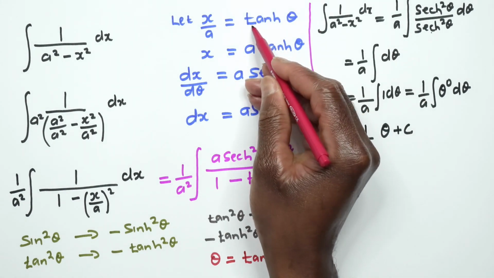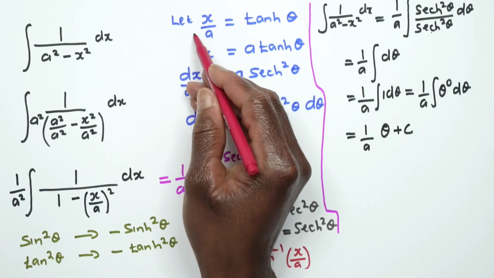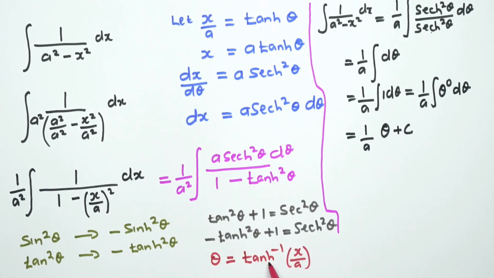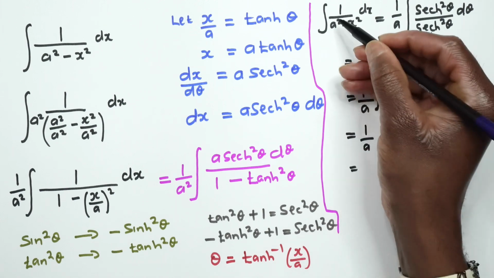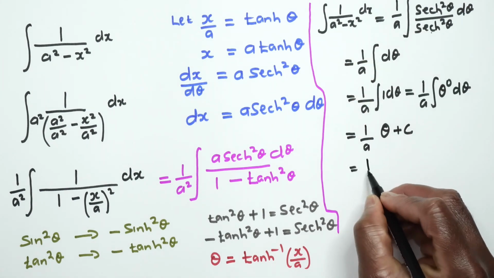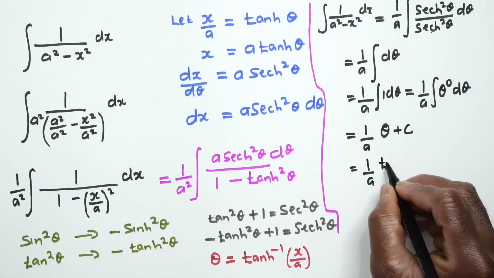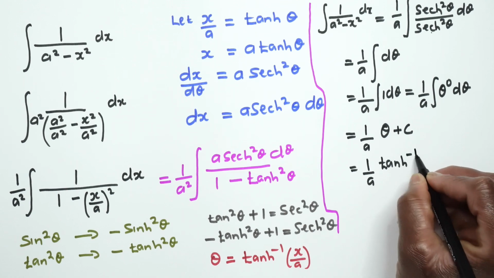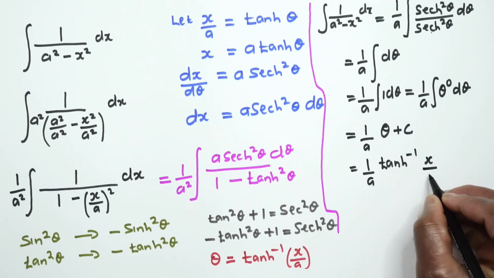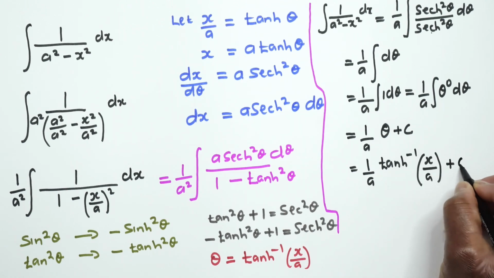So I'm going to replace that here. So the final result will be that integration will become 1 over a hyperbolic tan to the power minus 1 x over a plus c.